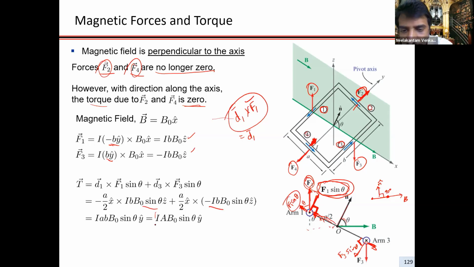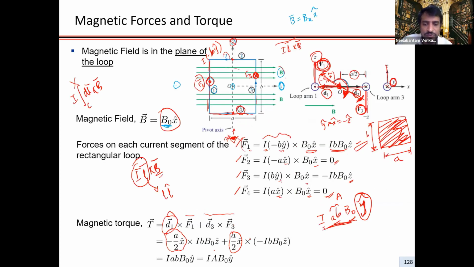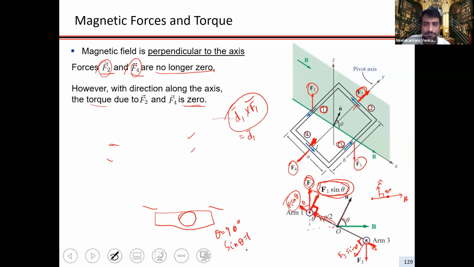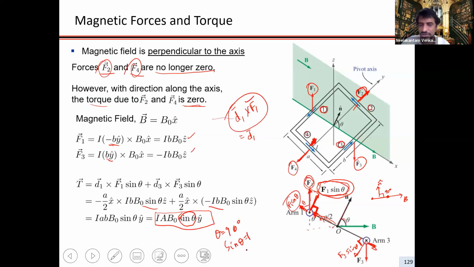So in general, you get the same expression as before, but with the sine theta in here. When theta equals 90, sine theta equals 1, which reduces to the earlier expression. So the general expression is IAB naught sine theta. And why is it y hat? Because the torque is in the y hat direction. You're spinning in the clockwise direction.